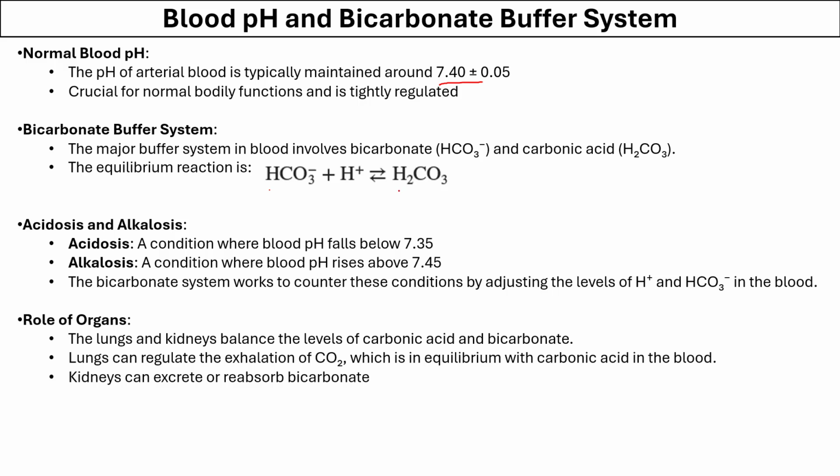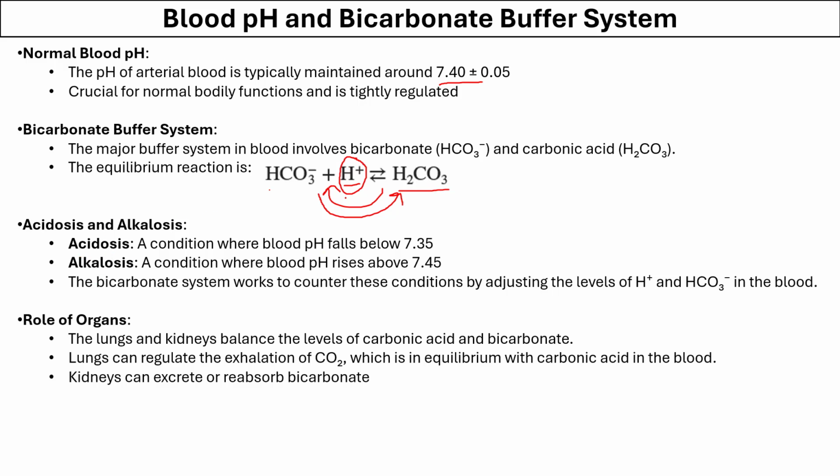In your blood, there is carbonic acid. Whenever the pH is low, the carbonic acid breaks and produces H positive ions. But when the pH is high, it becomes carbonic acid again, consuming these H positive ions which are in solution. Thus, it maintains the pH of blood.